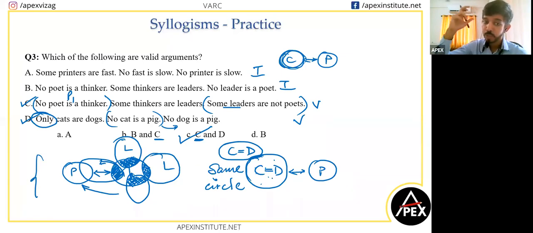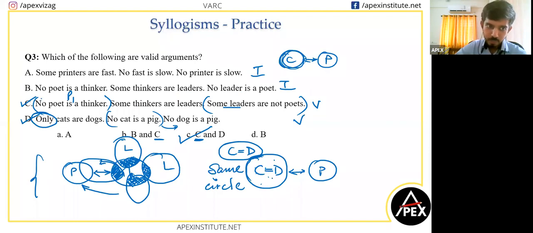You will start to visualize, okay, here the circle is here, overlap is possible, not possible. When it becomes mental, it becomes faster. Then you don't have to draw it. Then you'll be able to quickly solve these problems. It will come with practice. Don't worry.